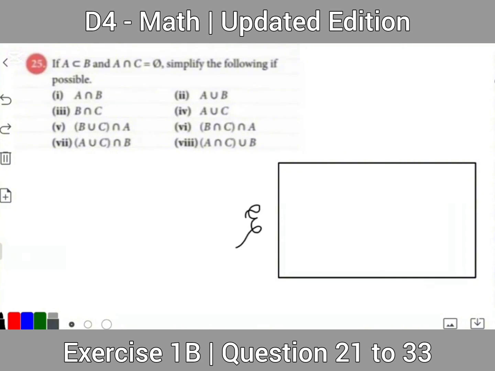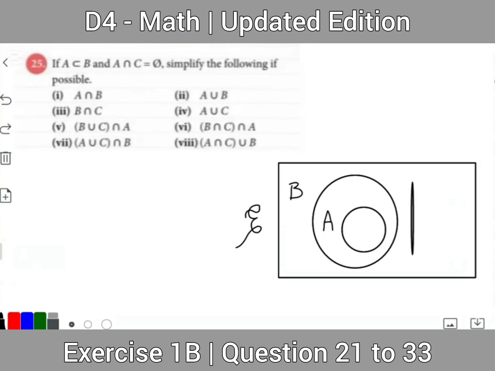Inside it, we will draw two circles. Bigger circle represents the set B and the smaller circle represents the set A. Since A is a subset of B, now we will draw another circle, but that circle will be disjoint, and that represents the set C.